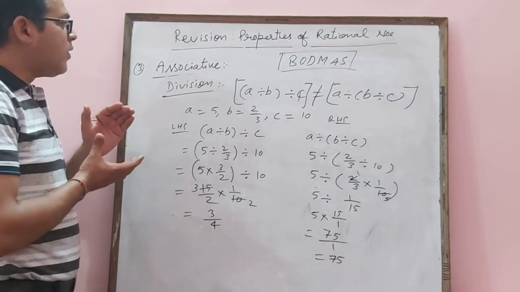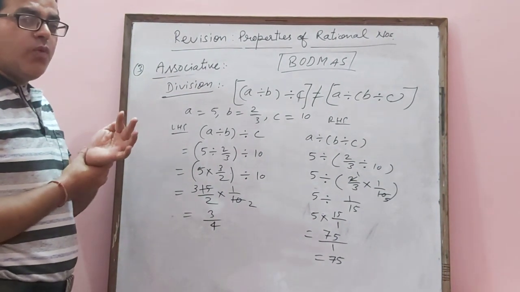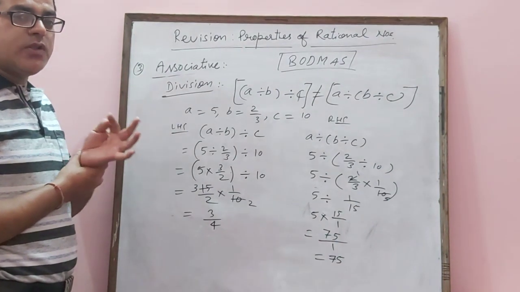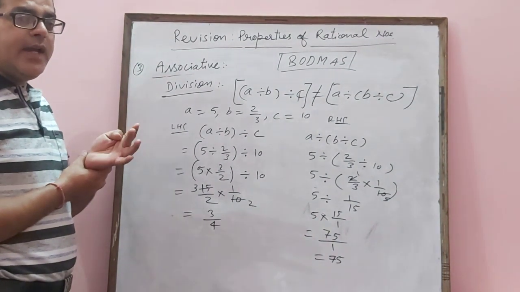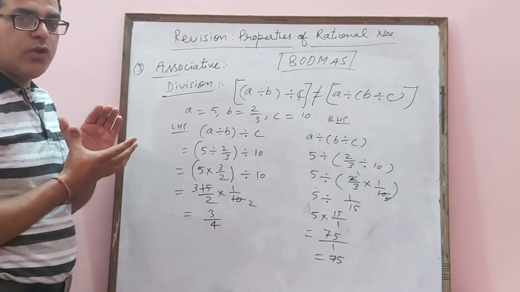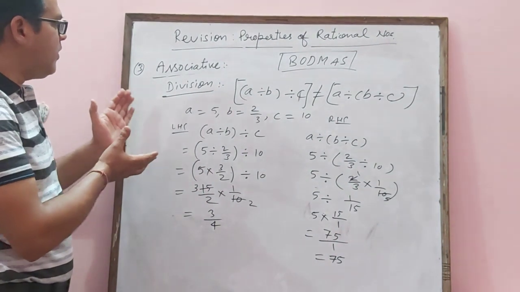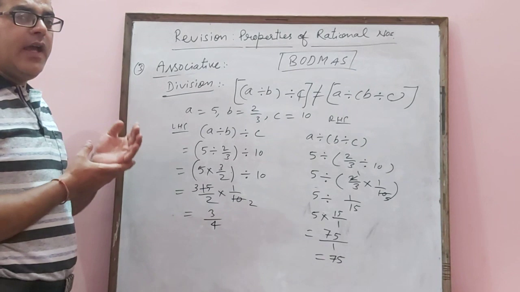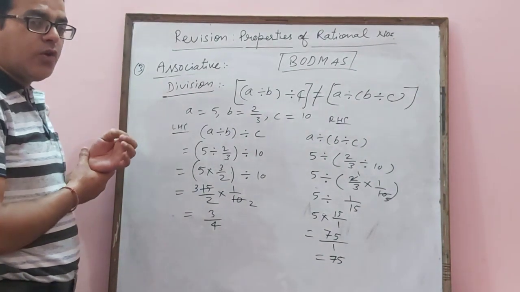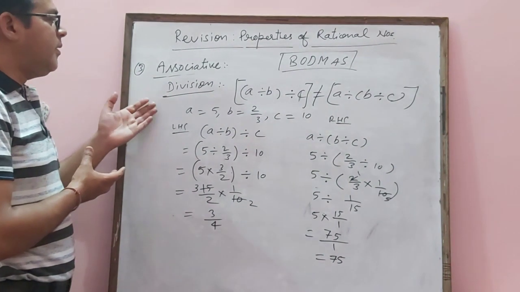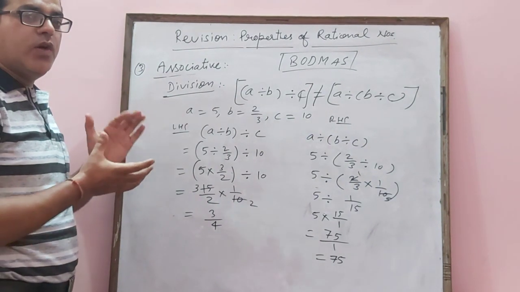Right? For commutative, addition was commutative, multiplication was commutative, division and subtraction were not. And for associative, just now we discussed, addition and multiplication were associative, while division and subtraction were not.